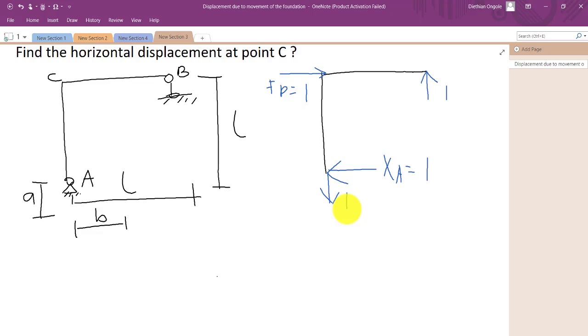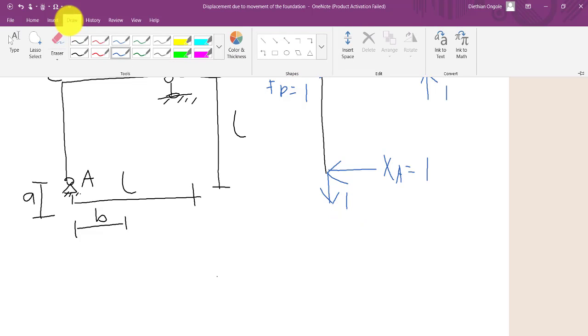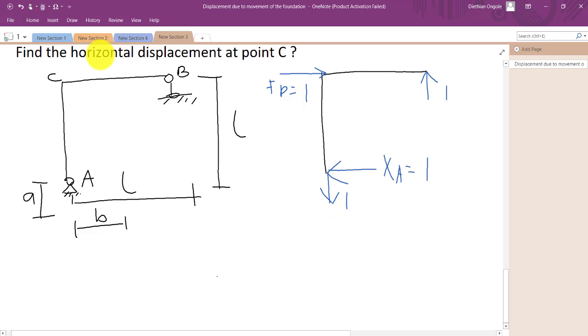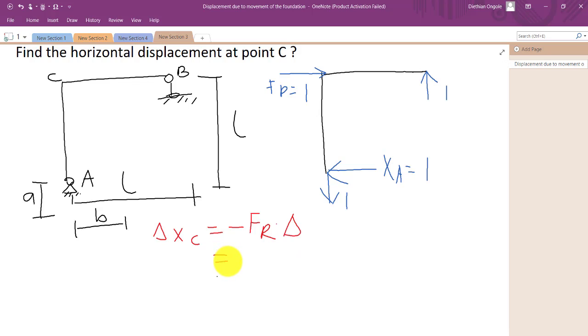After writing down our forces, the next step is to do the calculations. Our formula of calculation is that the displacement at C, let me call it delta xc, since it is in the x direction, that is the horizontal, is supposed to be equal to negative of the reaction forces times the displacement. So this would be equal to negative of, if we begin with the x direction, we see that in the x we have a force of magnitude 1, but the displacement is opposite to the direction of the force.